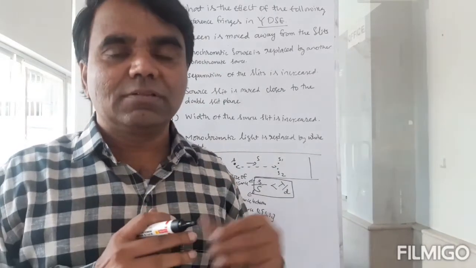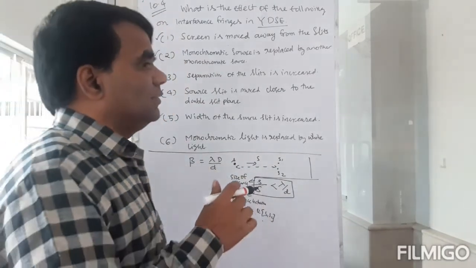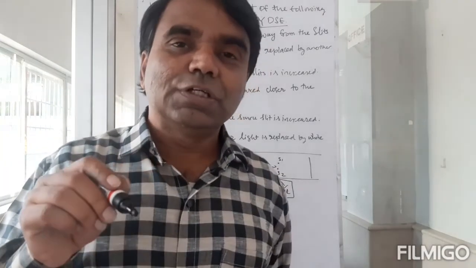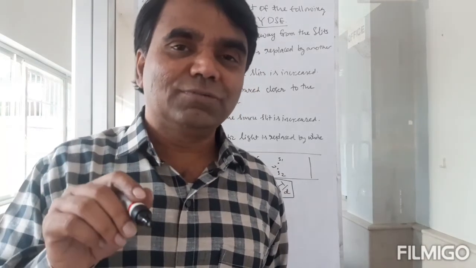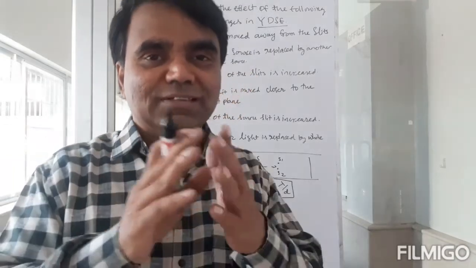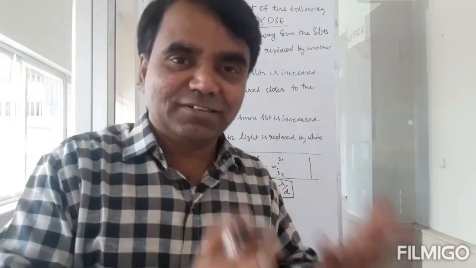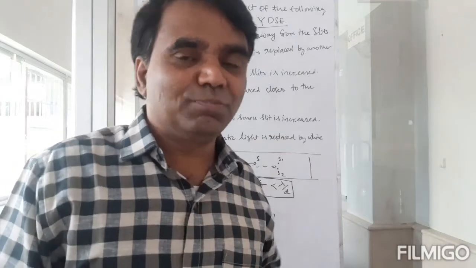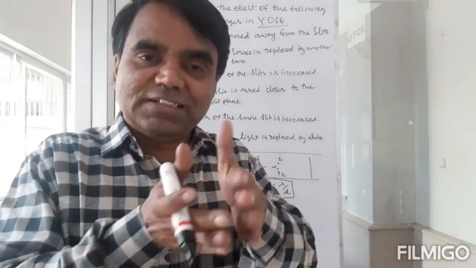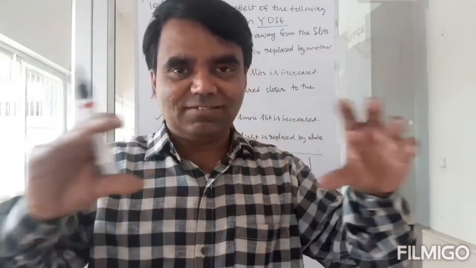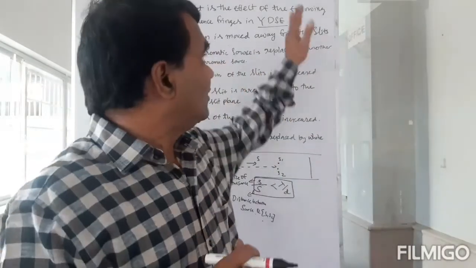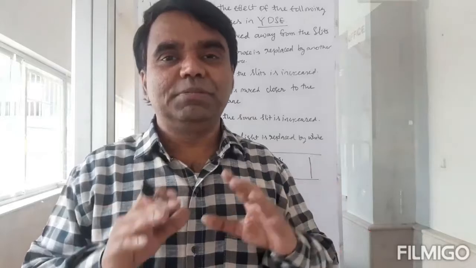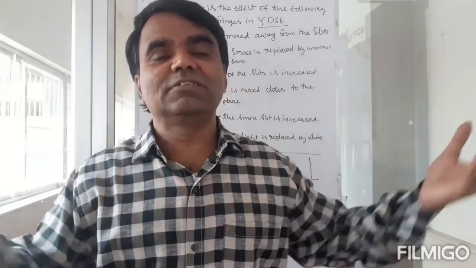So what will happen in this case is you will have a bright spot for red, a bright spot for blue, a bright spot for yellow, and again a bright spot for red, and then a bright spot for blue. So you have different bandwidths. With different bandwidths, the overlap will take place. So you will see a rainbow-like picture on the screen actually.